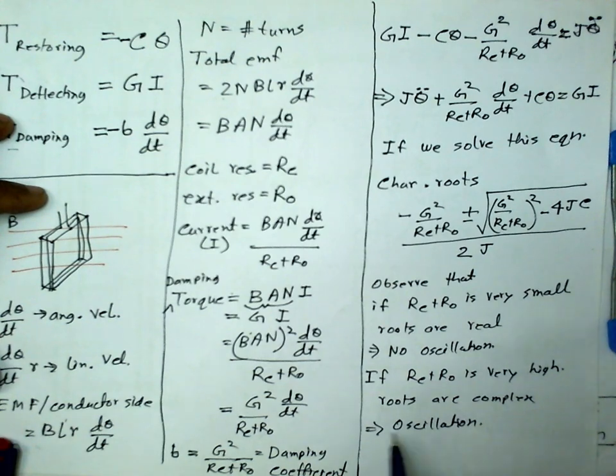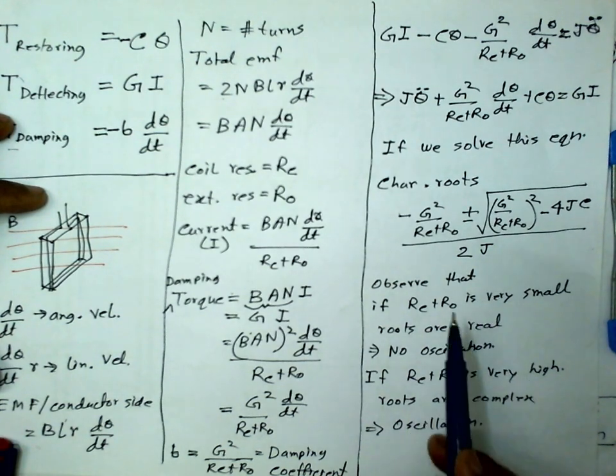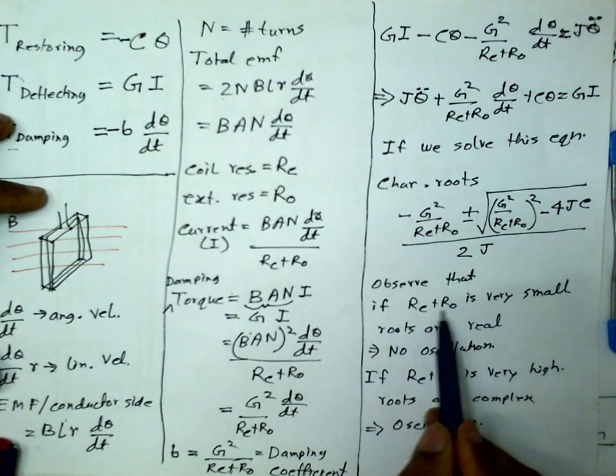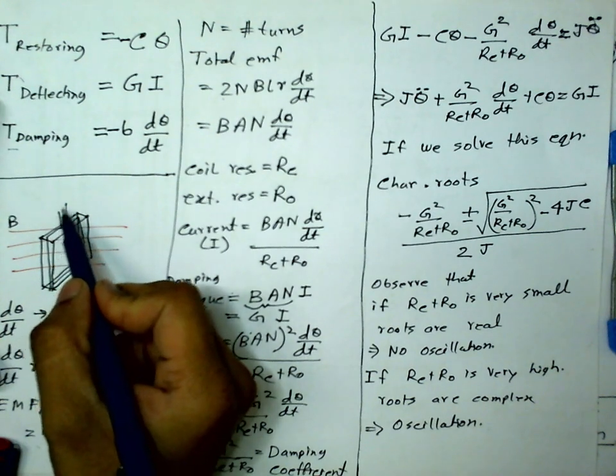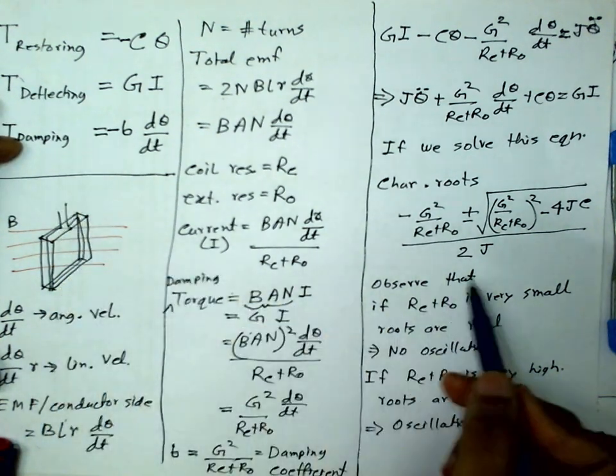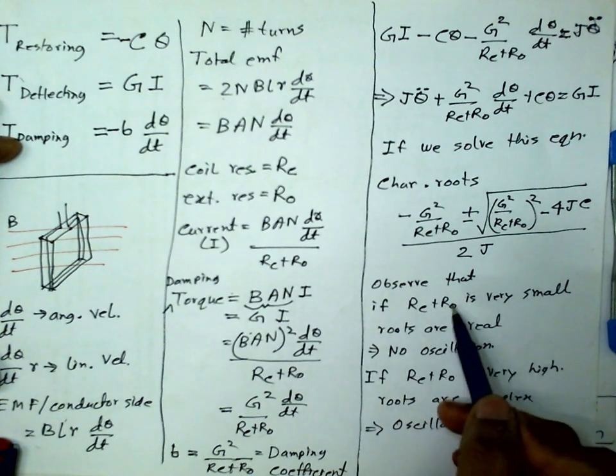So in summary you see that if this is small, means what? It's almost like maybe these two terminals are shorted. If this is shorted, that means RO is 0, so then this is small.